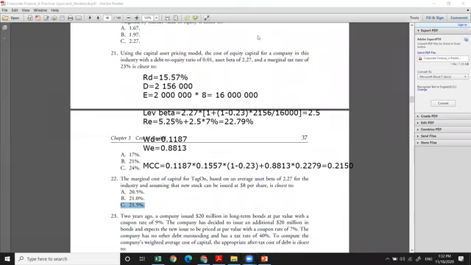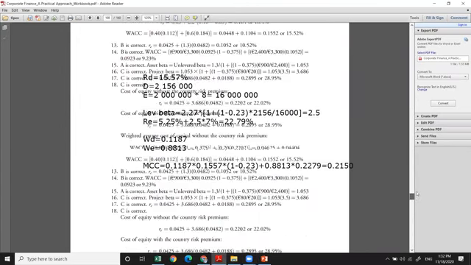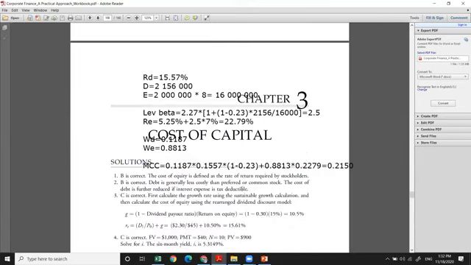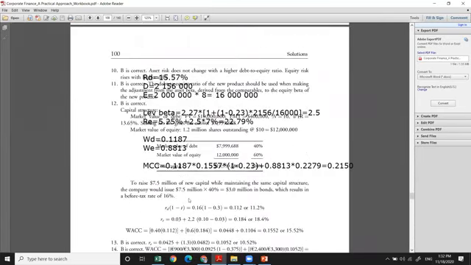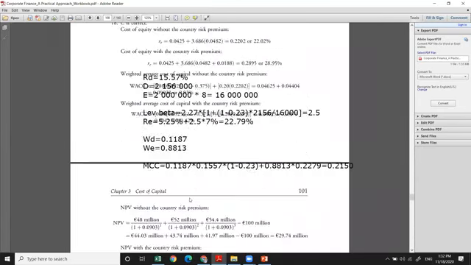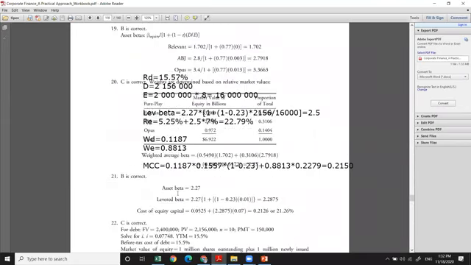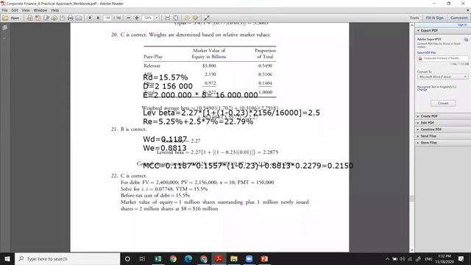The page is how much? 46, so that I don't get confused. This one, yes?